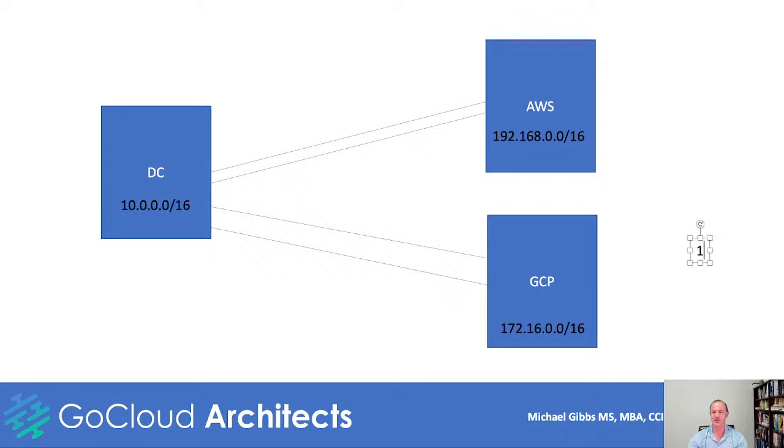Now in this GCP VPC, we may have 172.16.1.0, we may have 172.16.2.0, we may have 172.16.254.0. We could have all of this stuff. So that's our /16. We get to manipulate this octet, which is networks, and this octet, which is subnets.